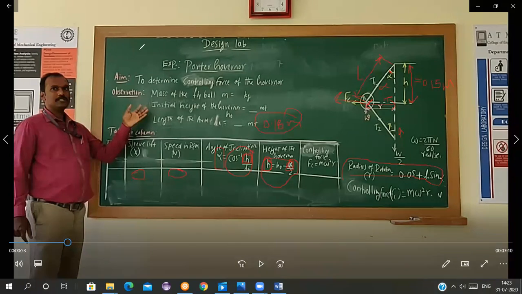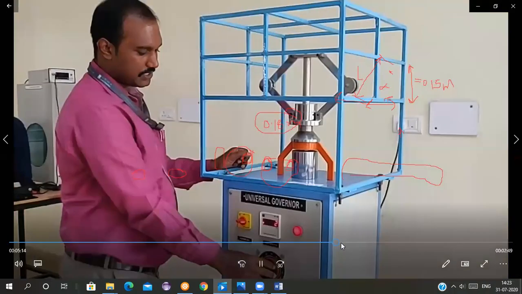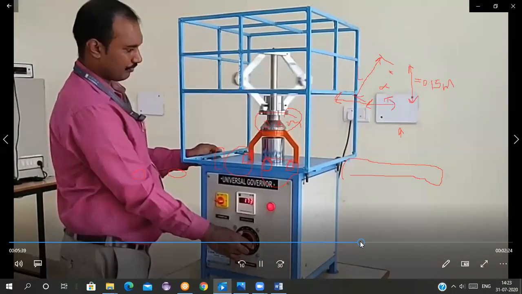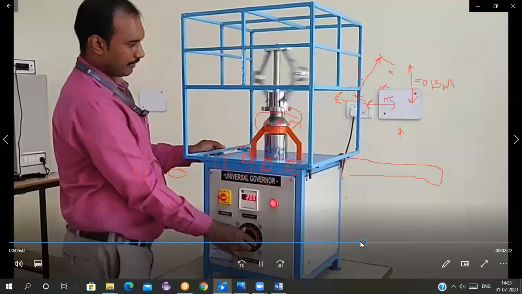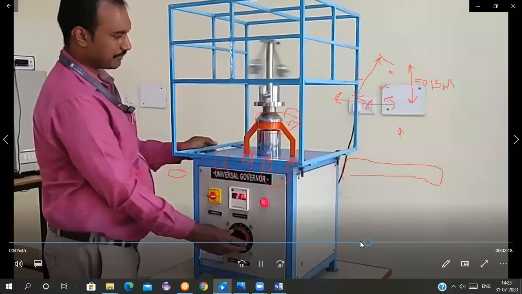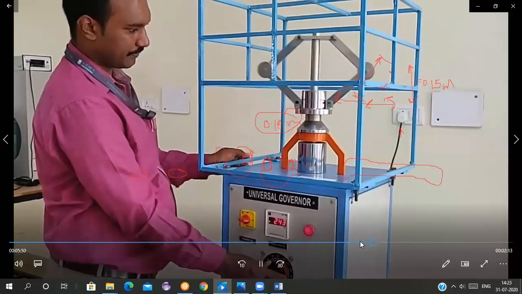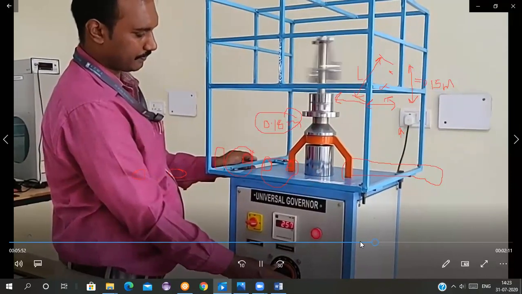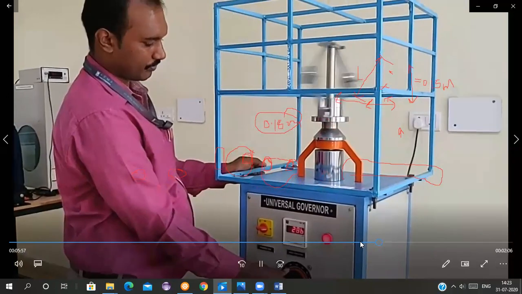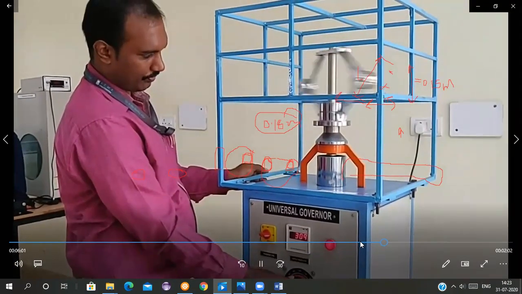When the governor is rotating, we cannot put our scale and measure the radius. So we measure the sleeve lift, how much it is lifted, and with the help of that and the geometry, we find out the radius. The main aim of finding out the height is to find out the radius.